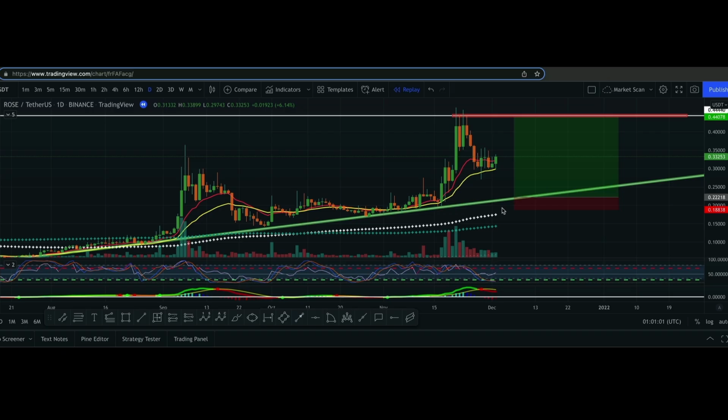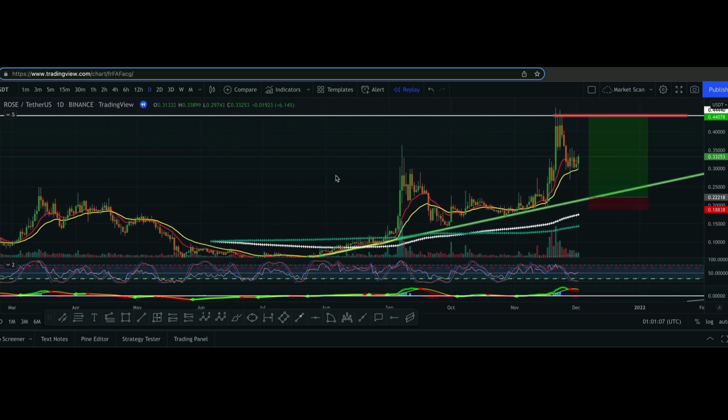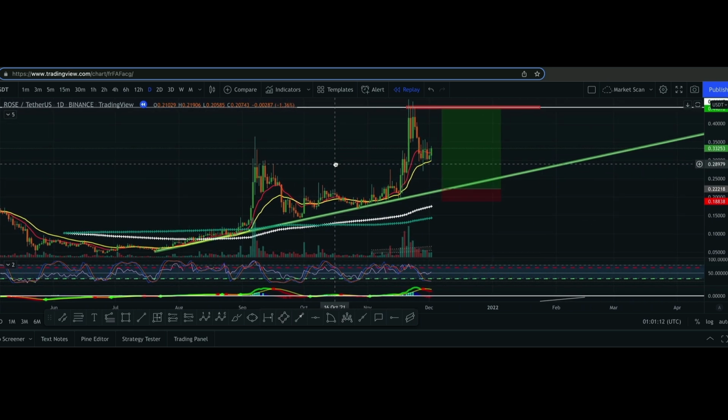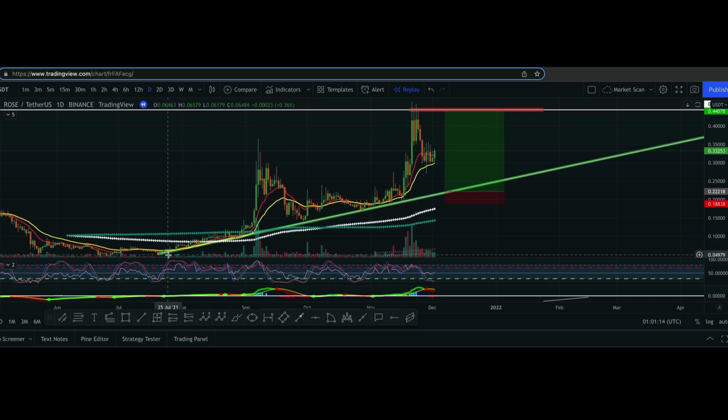Okay, so let's go over a few more examples so that things get a little more clear, because that is what this is all about. So let's say, for example, you have $10,000 in your account and you want to put this trade on because you see that Rose had this huge spike up and then it started to come down.